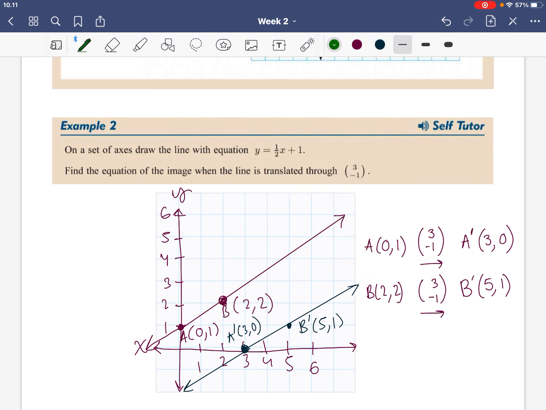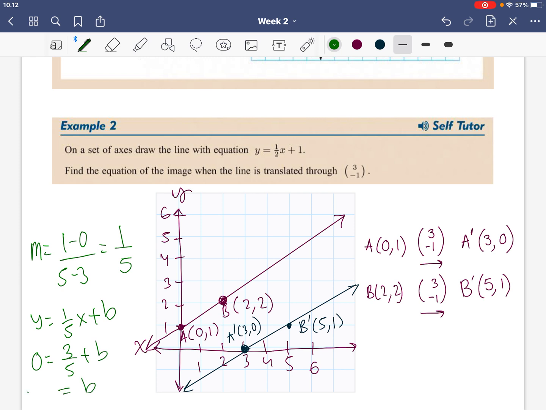But I'm just gonna do slope intercept, right? So the slope would be y minus y1. 5 minus 3 is 1/5. Y equals 1/5 x plus b. I'll pick 3, 0. 3/5 plus b. B is negative 3/5.